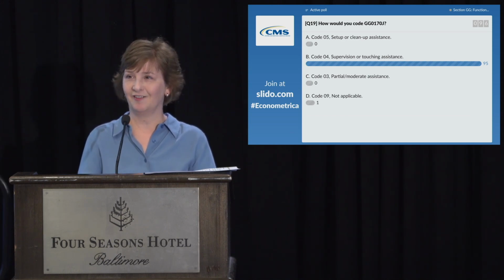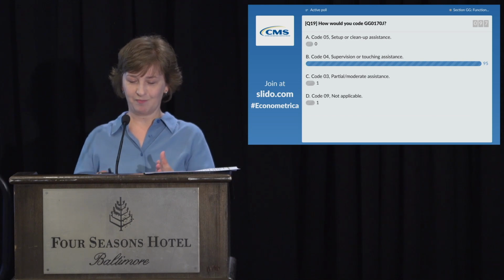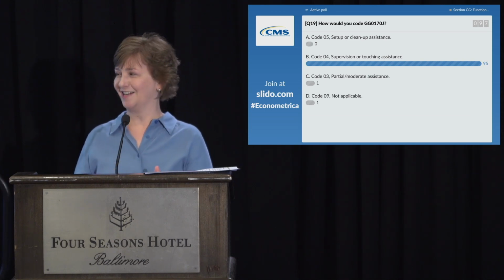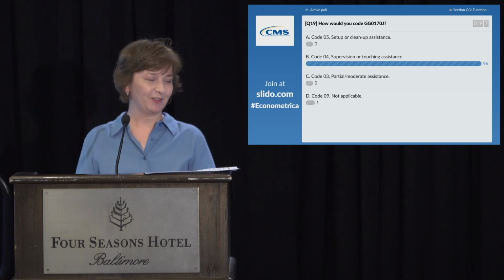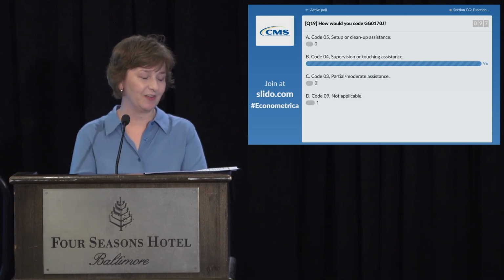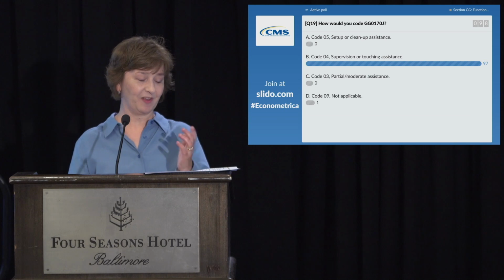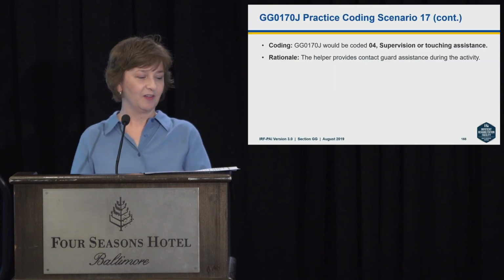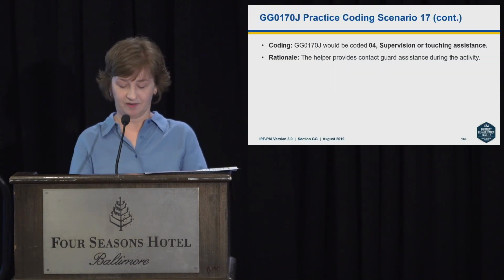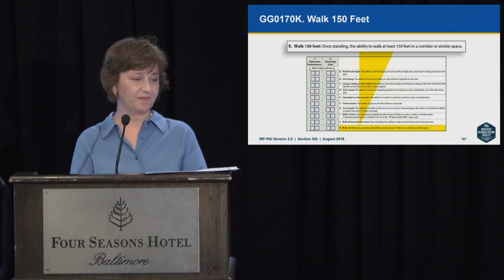Actually, if you look at research where they've tracked people, we turn a lot every day, all the time. So you should be able to assess this, because turns are something we do all the time. Okay, so it looks like 04, I do agree with that response, and that is the correct response. So again, the rationale was contact guard assistance is 04.